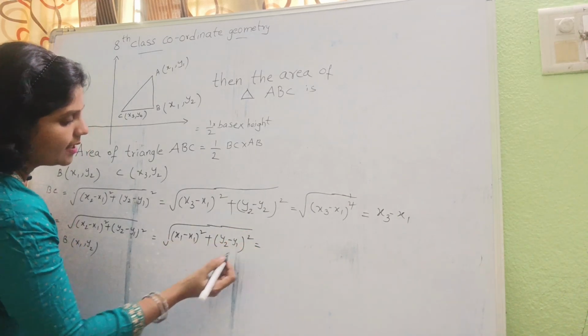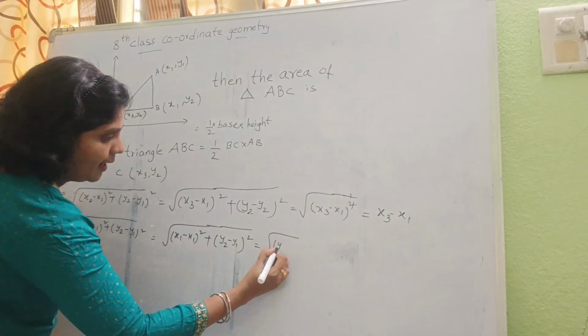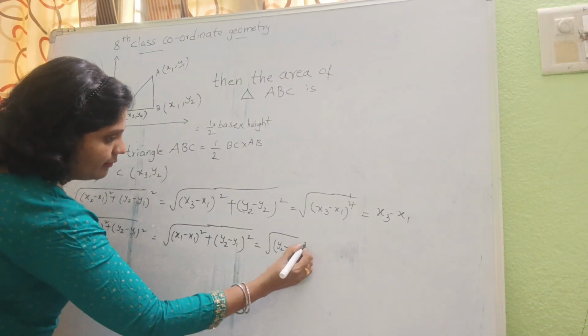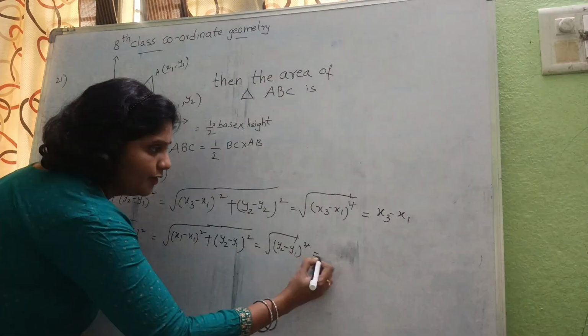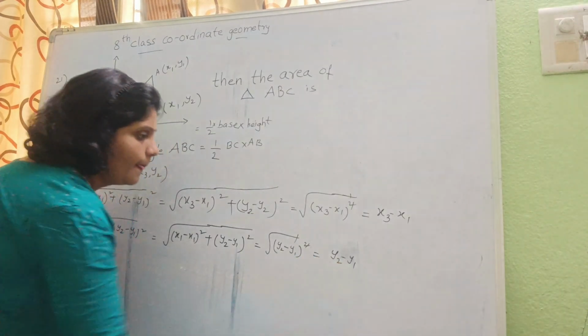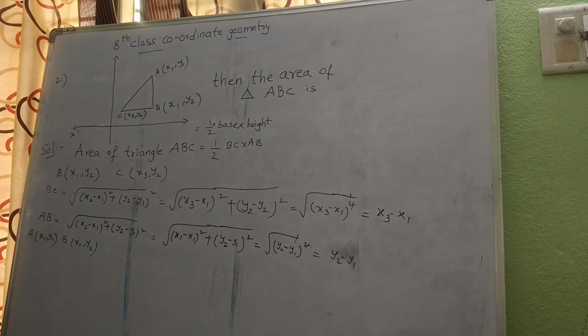What is x1 minus x1? 0. So 0 plus anything, what remains is only y2 minus y1 whole square. So the answer we got is y2 minus y1. Now we have the BC and AB values.